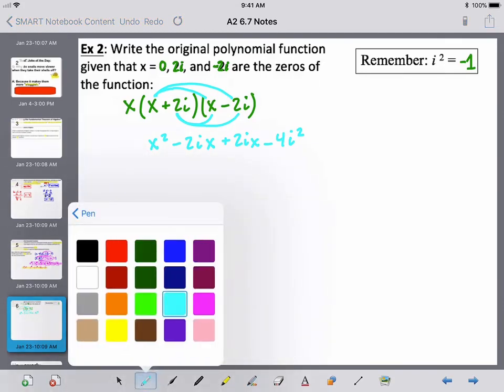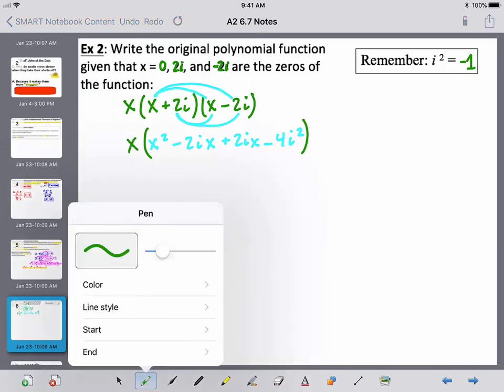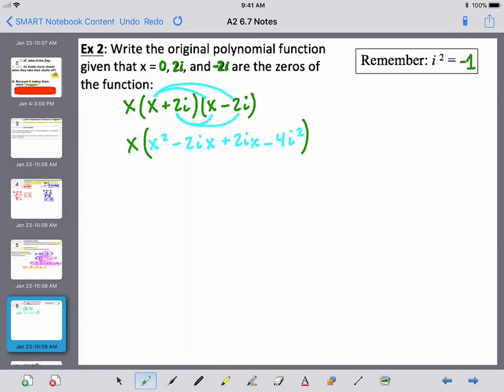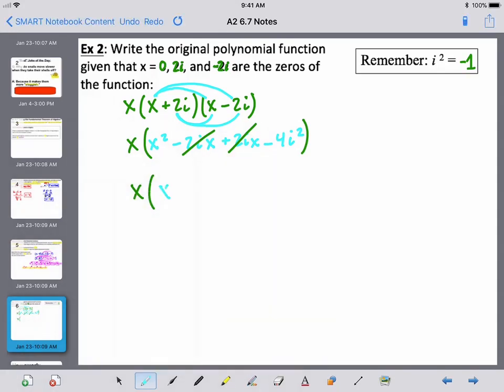And we do still have this x out front. Now we have something that's going to happen here. This minus 2ix plus 2ix cancels, and we end up with x times this x squared minus 4i squared.